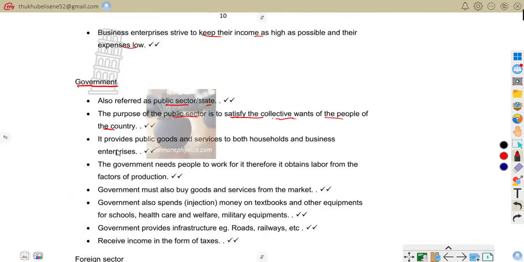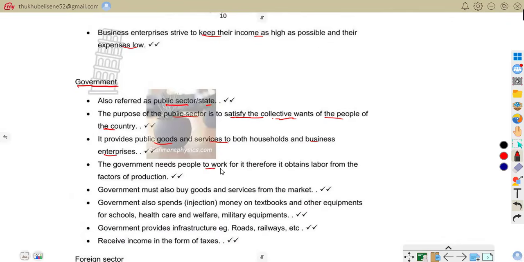It further on says it provides public goods and services to both households and business enterprises. So the government supplies services used by all citizens and businesses.